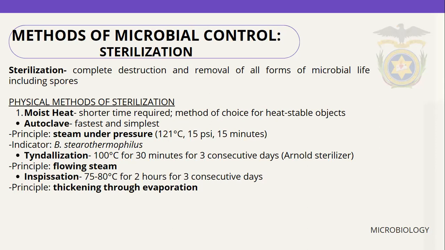The next one is tyndallization, which is used at 100 degrees Celsius for 30 minutes for 3 consecutive days. We use the Arnold sterilizer, and the principle is flowing steam. The last one for moist heat is inspissation, which is used at 75 to 80 degrees Celsius for 2 hours for 3 consecutive days.